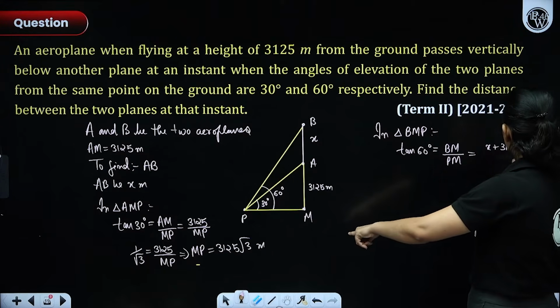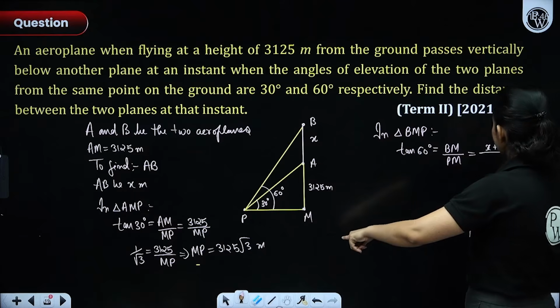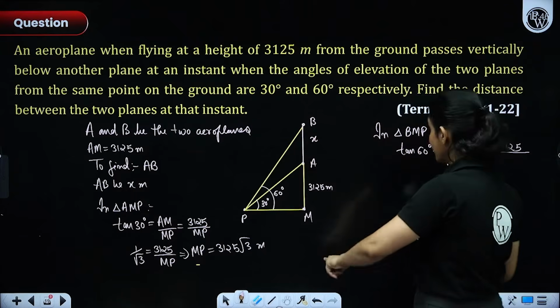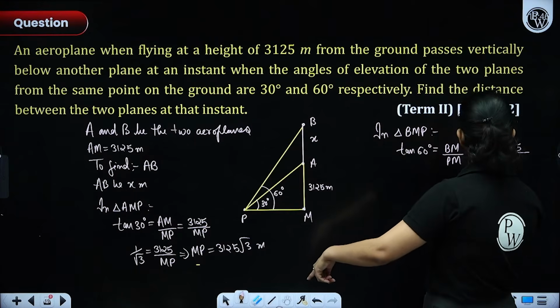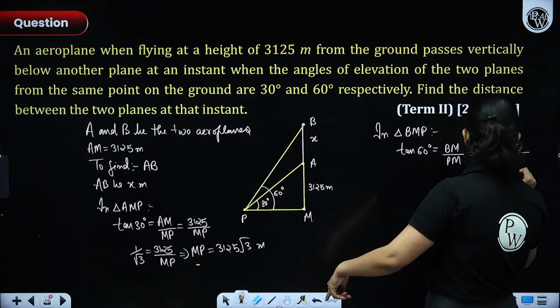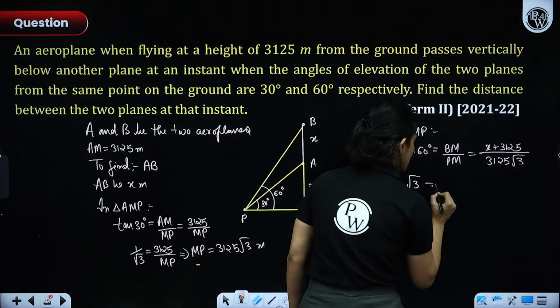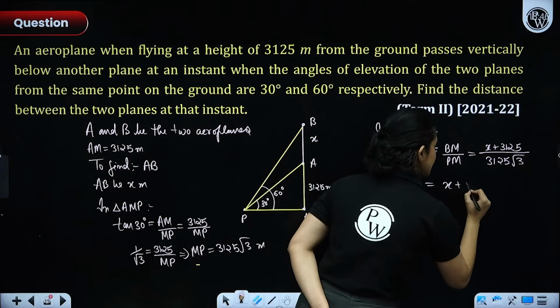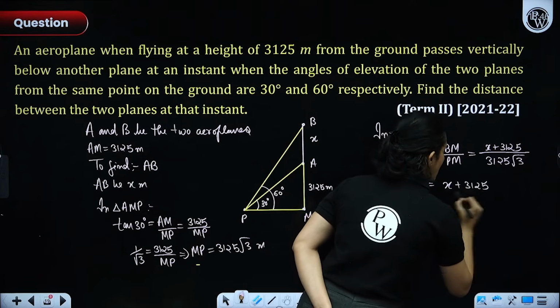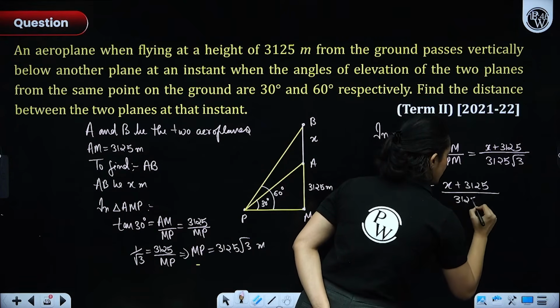Yes or no? X plus 3125 would be the value of this entire BM, everyone. And MP we have figured out as 3125 root 3. Now tan 60 degrees itself is root 3. So root 3 is equal to x plus 3125 over 3125 root 3.